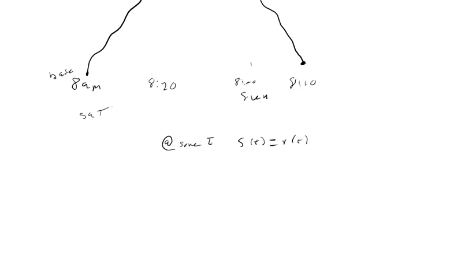Here's 8 o'clock, here's 8:10, here's 8:20. Here's the bottom, here's the top. On the way up, let's do this in blue, the person goes from here. Maybe they go fast, and they stop for a while, and they go up again, and they stop for a while, and they go back up, and here they are at 8:20. They've reached the top, and that's on Saturday.